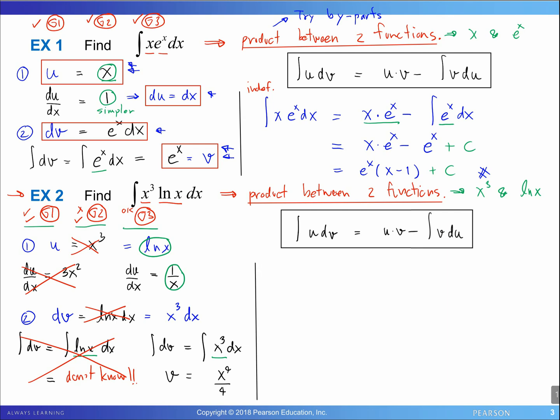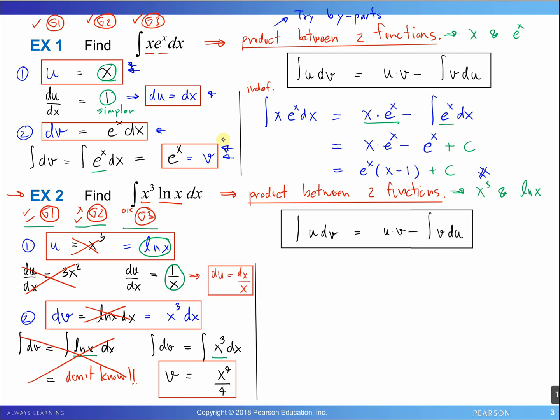So we have u equal to ln x and v equal to x to the fourth divided by 4. du equal to dx over x. And now last one, dv equal to x cubed dx. Now back to the formula.